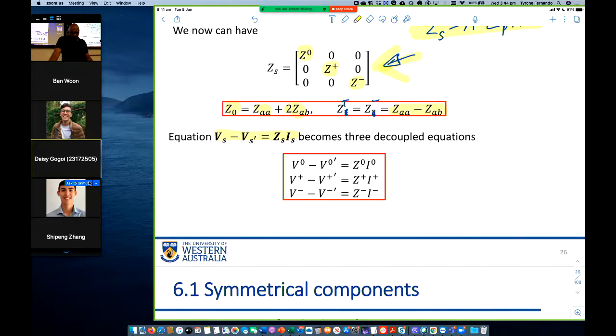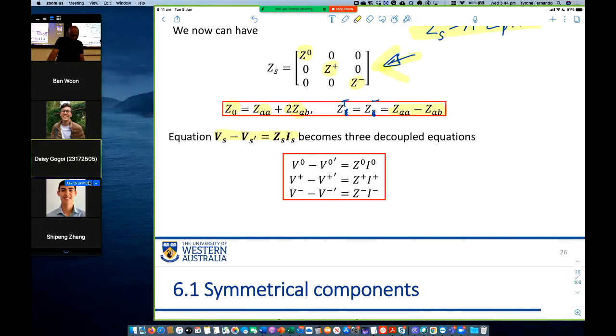Vs minus Vs dash is Zs times Is. Vs is a vector, right, which has V0, V plus, and V minus. Vs dash again has the zero, positive and negative sequence components.